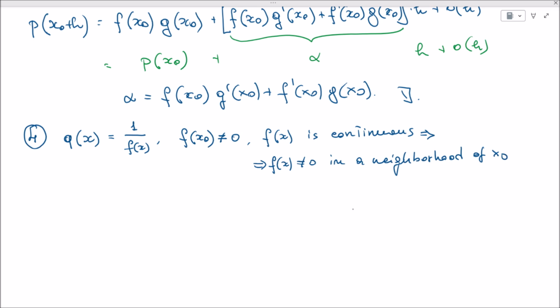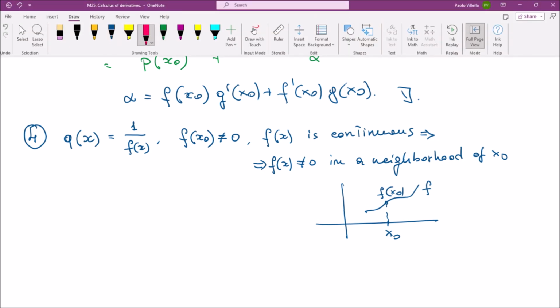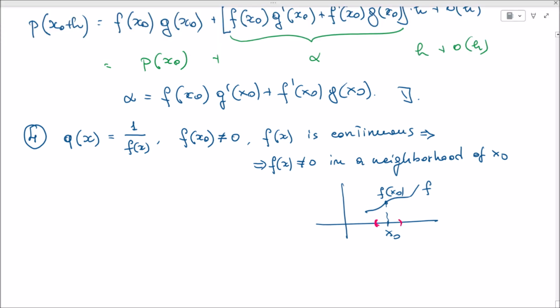So what I'm saying is that if we have x naught here, and in this x naught, f of x naught is different from 0, so let's say f can be something like this. So this is f of x naught, and f of x naught is different from 0. Because the function is continuous, we can find a neighborhood of x naught, which corresponds basically to this part of the function, where the function is different from 0.